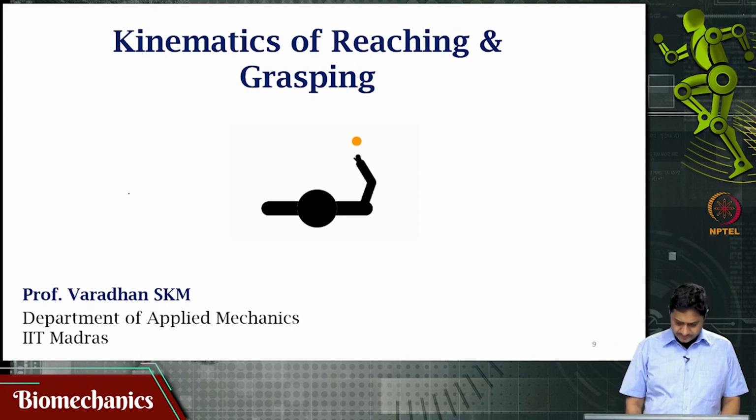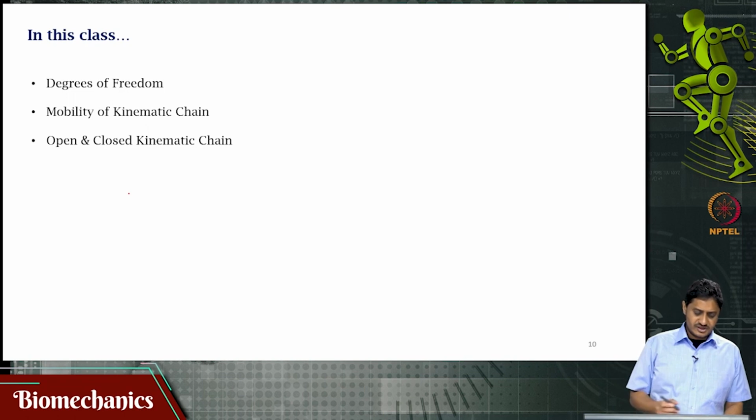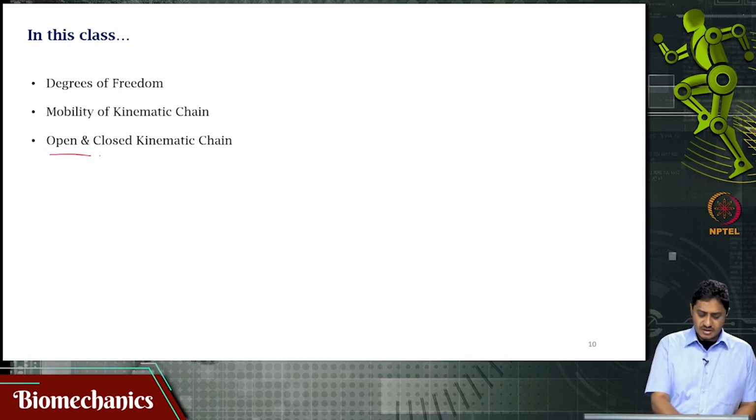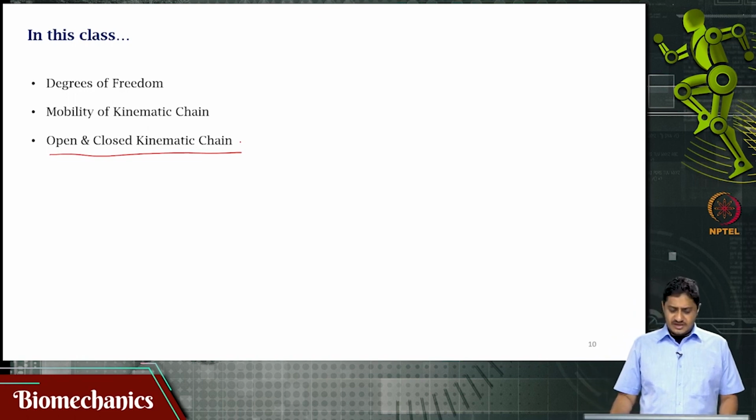In this video we will be discussing kinematic chains, what are degrees of freedom of a rigid body, then of a kinematic chain, mobility of a kinematic chain, and open and closed kinematic chains.